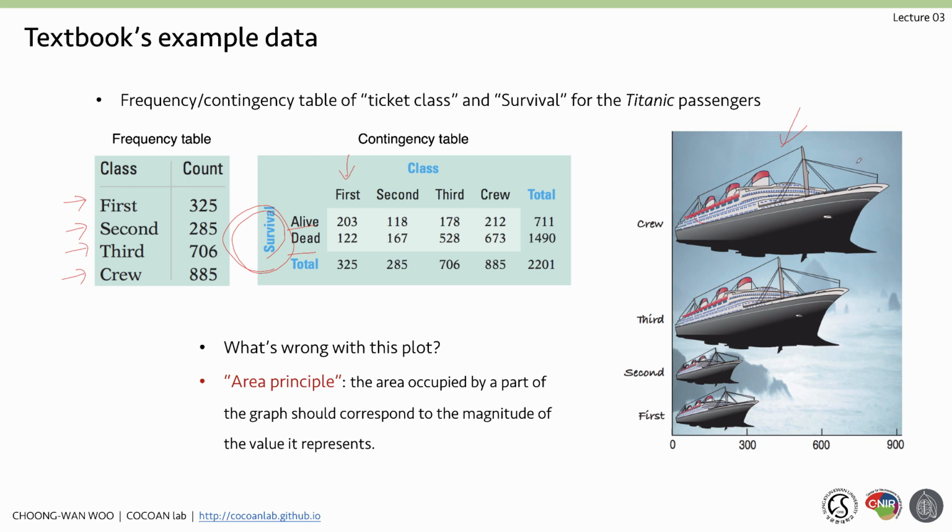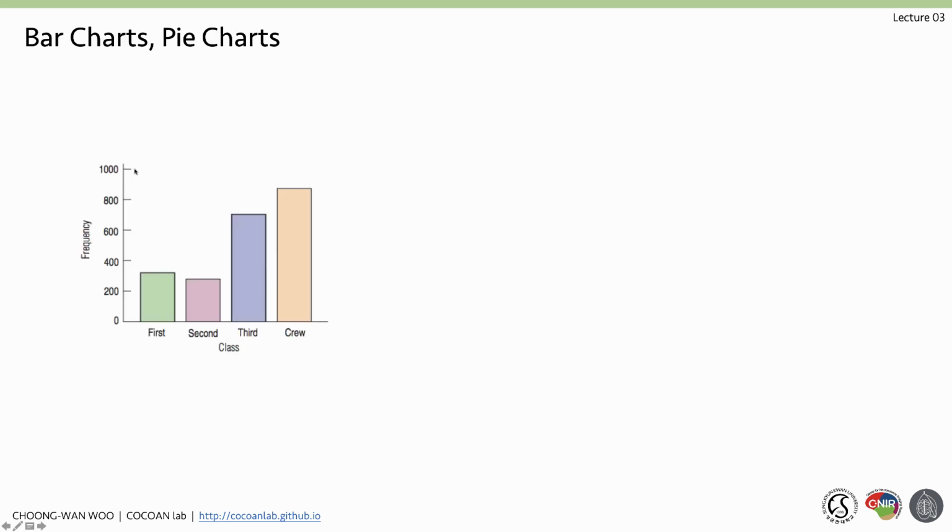But if you use this kind of 2D shape, the area will be squared. So even though the difference between, for example, first and third is around twice, it actually looks like 4 times. This is a little better. So this is important to think about.